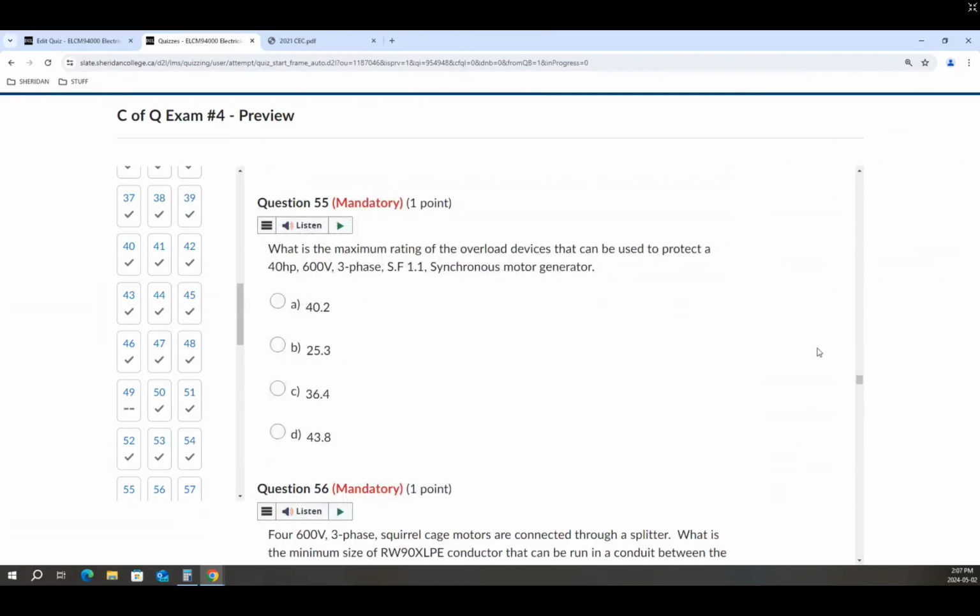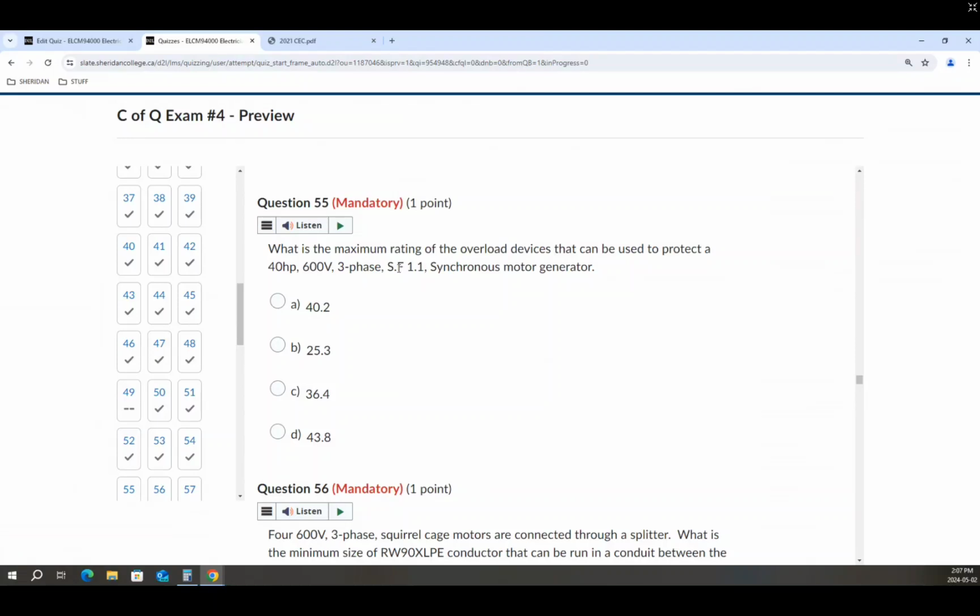Number 55. What's the maximum rating of the overload devices that can be used for a synchronous motor generator, service factor of 1.1?